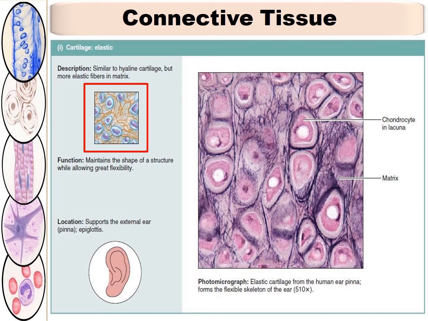It is mainly located at the external ear, that is the pinna, and the epiglottis, where it supports great flexibility. Here in this photomicrograph, you can see the elastic cartilage from the human ear pinna, which forms the flexible skeleton of the ear.